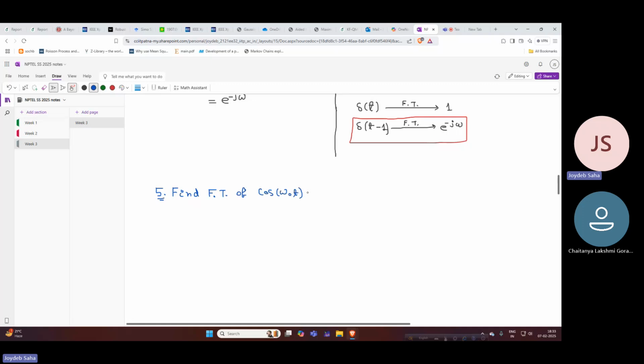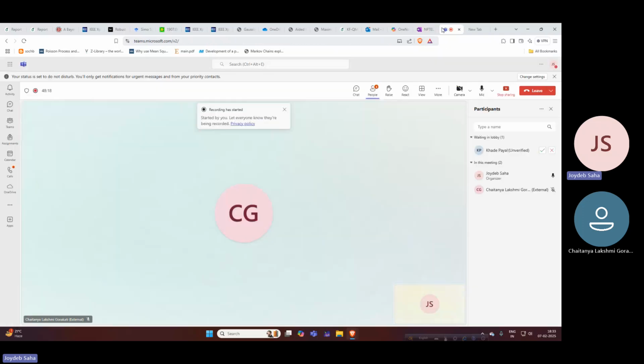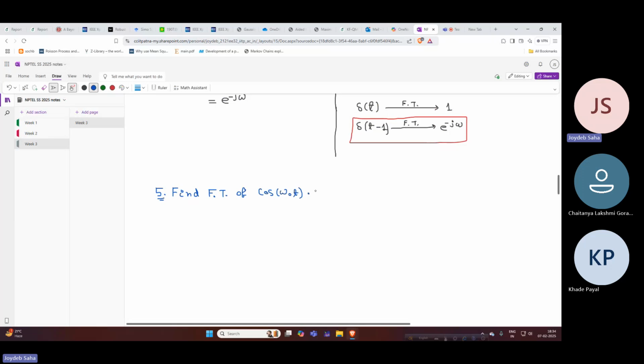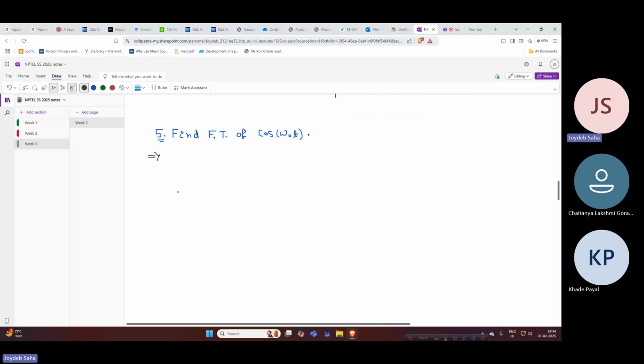It is a very interesting question. For this you have to know two things. One is the frequency shifting property. So let us try to understand the frequency shifting property now.